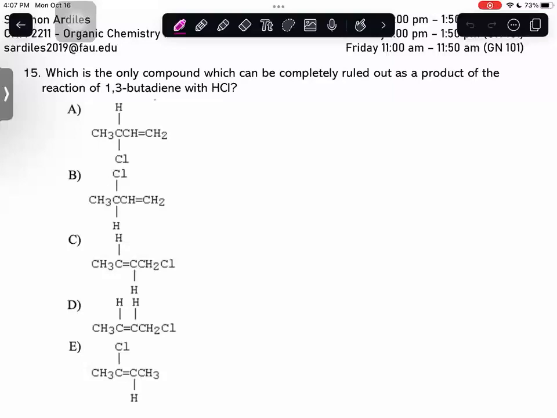Okay. Do we have an answer for question 15? E. And E is going to be correct. Yes. Why was option E the answer? Two products out of nowhere, yeah.